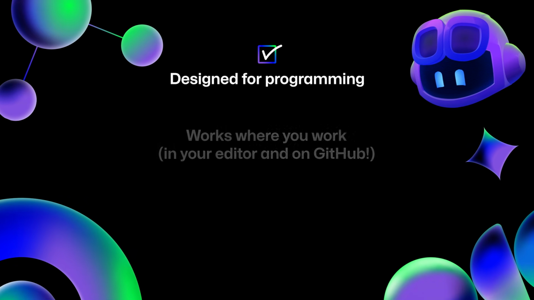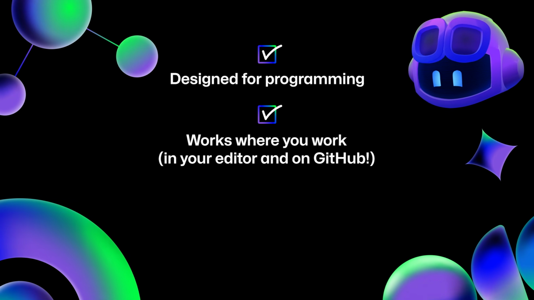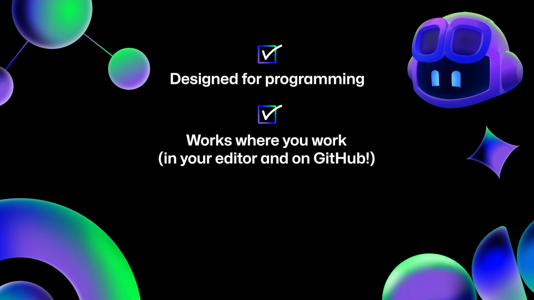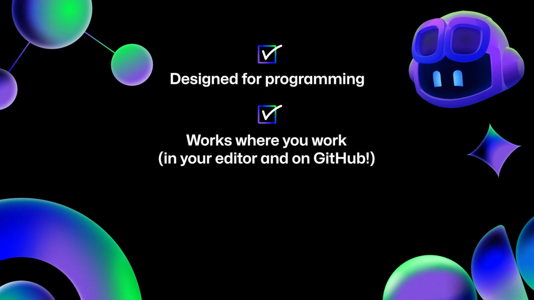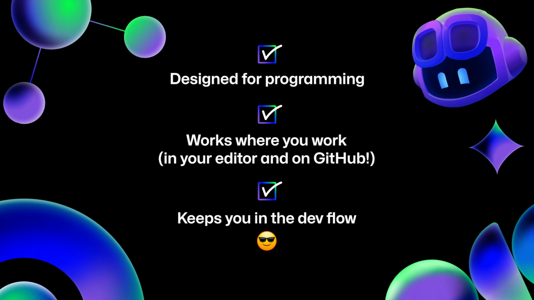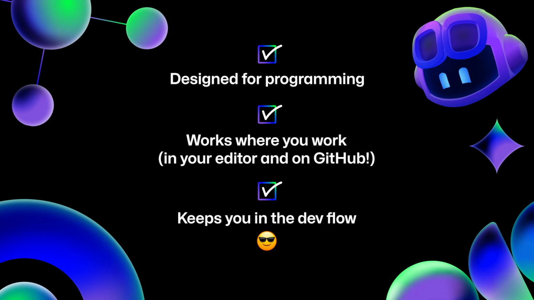And because it works and exists where you work, in your editor and on github.com, there is no need to go back and forth between your browser or another application and your code. You're able to truly stay focused and no longer context switch. So when you hear the words GitHub Copilot, know that it is referring to your personal AI pair programmer.